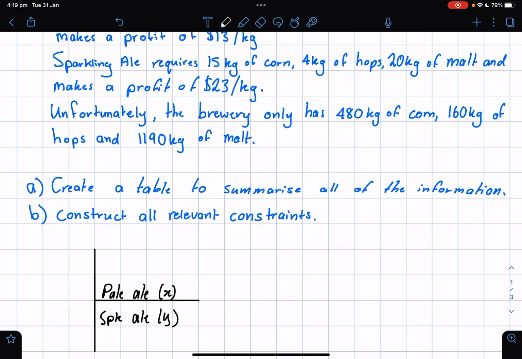All right, the other thing we need to look at is what other information we have. So we can see that there's 3 ingredients that make these beers. So we've got corn, hops, and malt. So let's put some titles in for those. So corn, hops, and malt. And then the other piece of information we have is the profit that each makes. So we're going to write our profit column here.